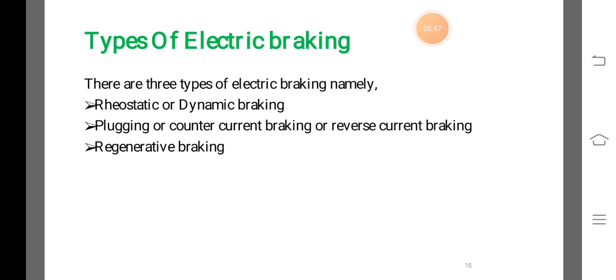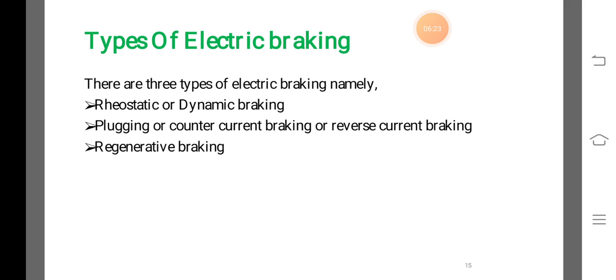In mechanical braking, the motor is stopped due to friction between the moving parts of the motor and the brake shoe. That means the kinetic energy of the motor is dissipated as heat. Mechanical braking has several disadvantages, including non-smooth stop and greater stopping time.